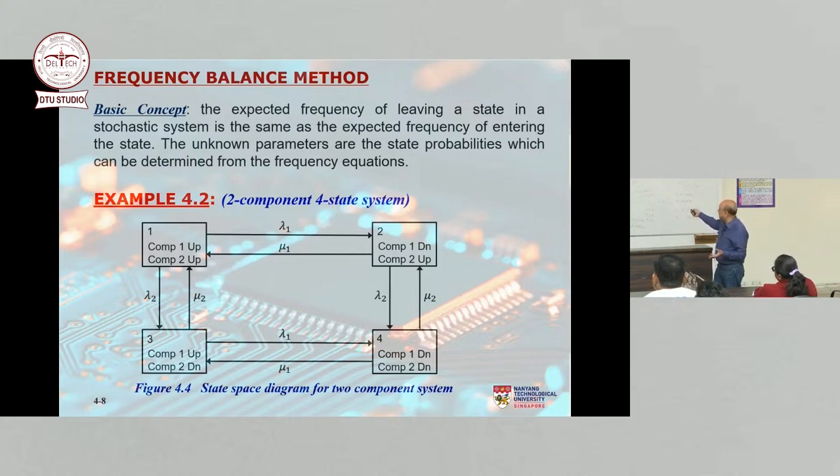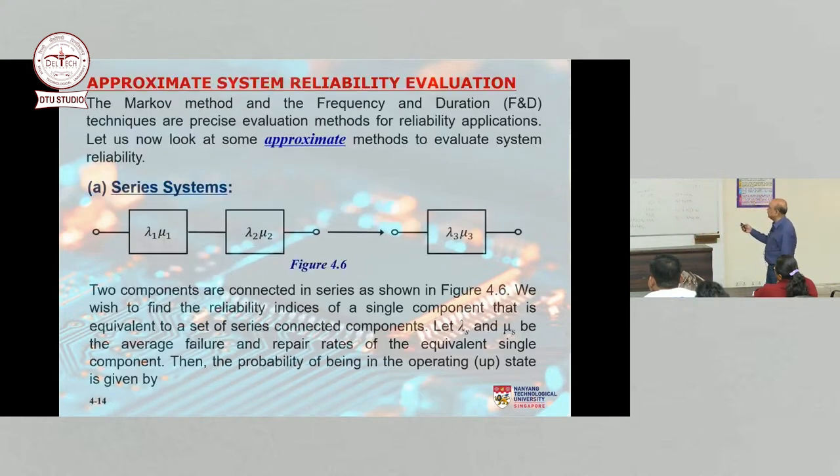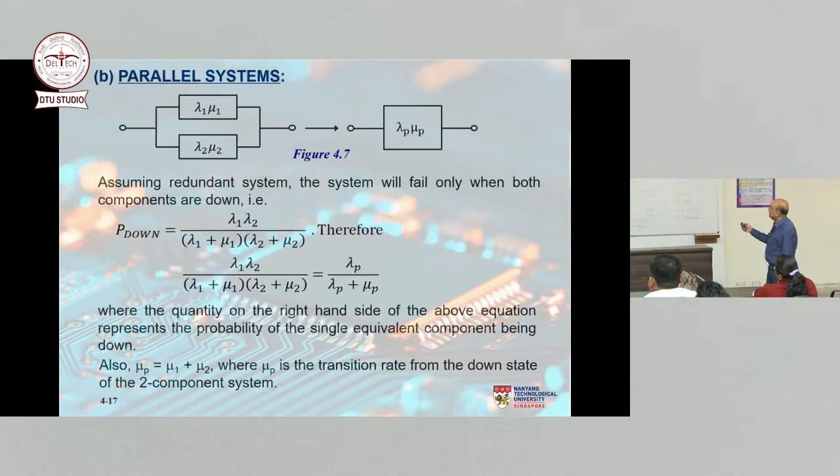The transition rate from the down state is mu2 plus mu1, correct? So therefore, in that particular equation that I was about to show you, the transition rate mu p is mu1 plus mu2. That's the transition out of the failed state, where mu p is the transition rate from the down state of the equivalent component, right?